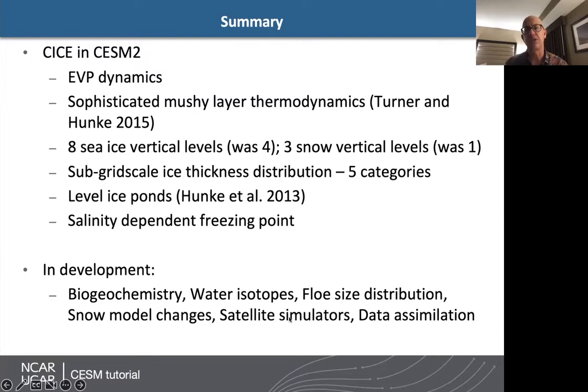But the other interesting aspect that we're looking a lot at is better ways to compare to observations or incorporate observations into the sea ice. And one way to do this is you use a satellite simulator where you actually output from the model a quantity that a satellite sees, say.